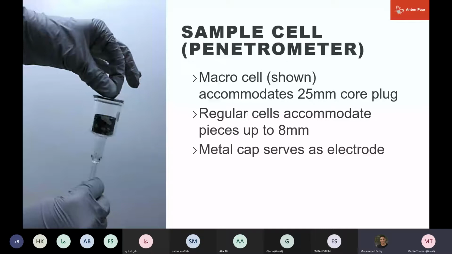This is more or less what it's going to look like when it's assembled. There's a grease seal here, which makes a vacuum tight seal, and then there are two plastic pieces which screw together to hold the cap on. Again, I'll show you that later.